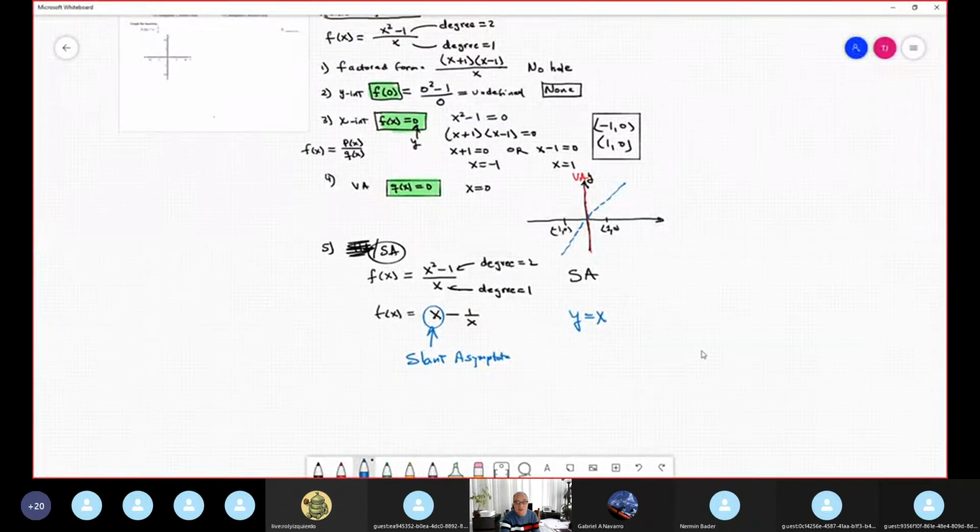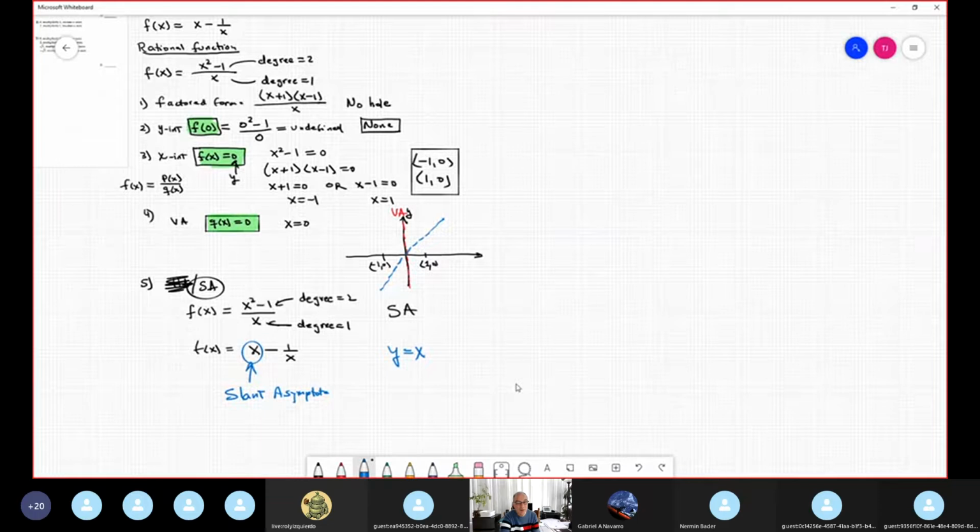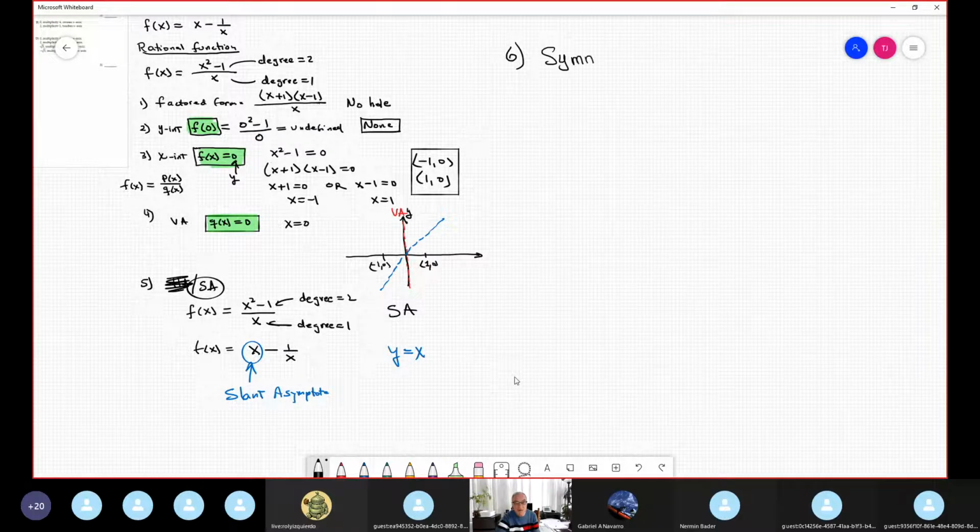What is step 6? Everyone follow me, guys? Sure? No problem? Yeah, I'm following. Okay, step 6 is symmetry. For symmetry, you replace x with negative x and let's see what happens.